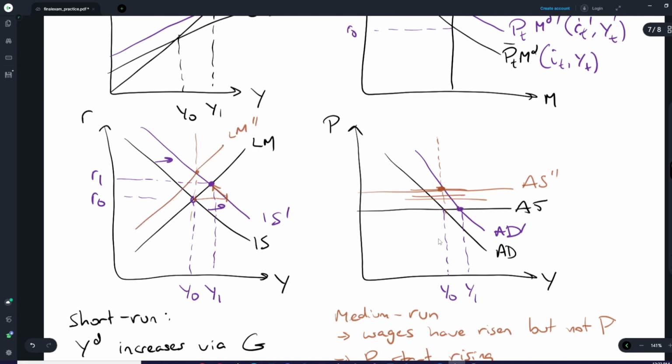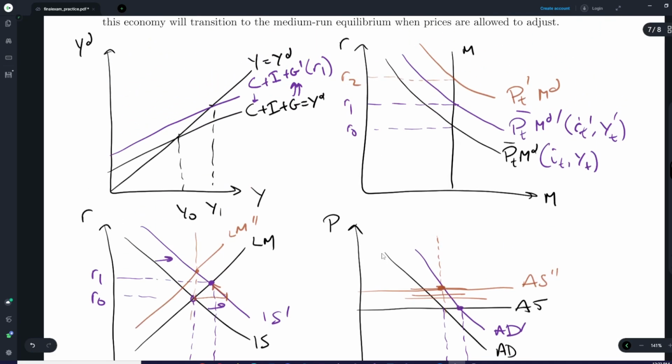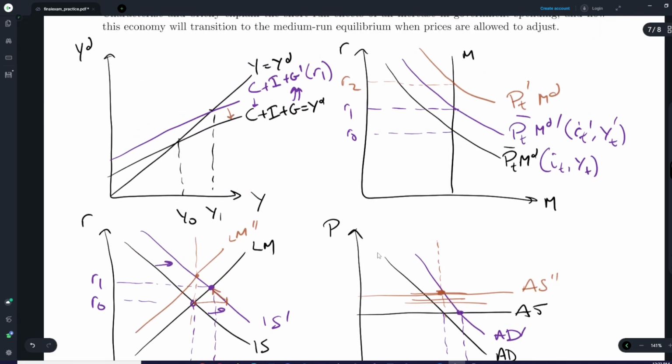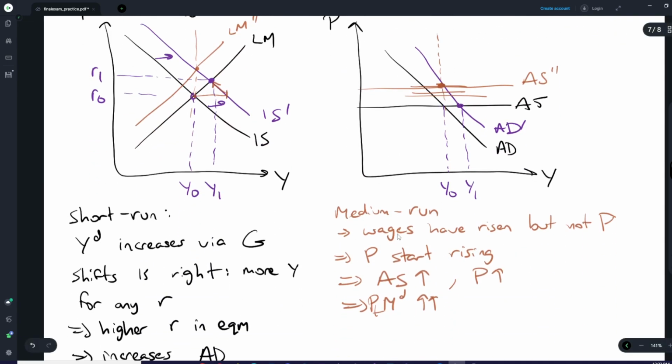The LM curve is shifting up. Higher prices means that the supply of money has fallen in real terms, shifting the LM curve up and this thing back down, right? So this will be C prime plus I plus G prime all at R2, right? The interest rate continues to rise until the demand for goods and services is squished back down to a sustainable level, right?